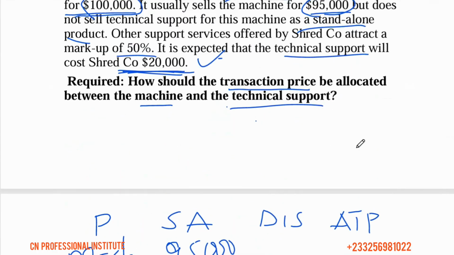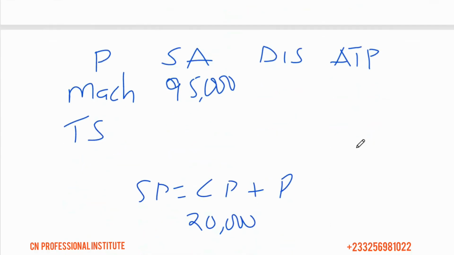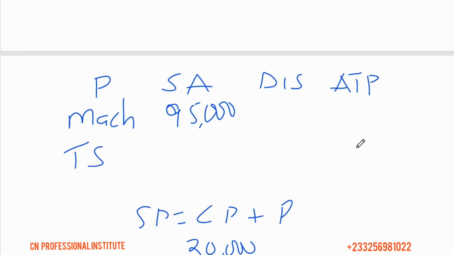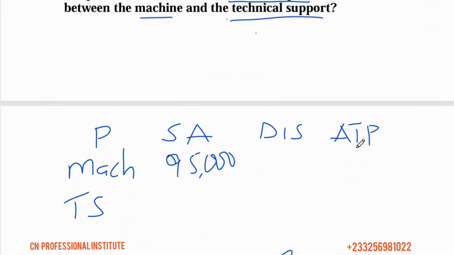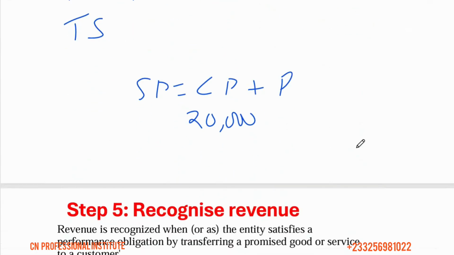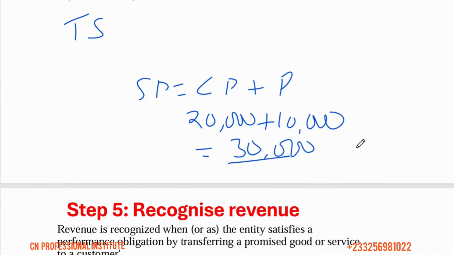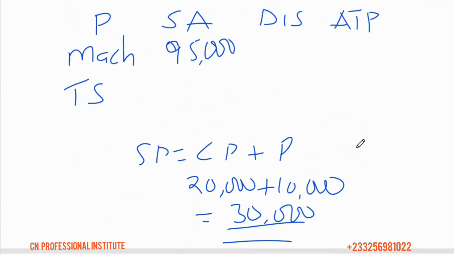So apply the 50% on the cost, 20,000. 50% of 20,000 gives us 10,000, so the profit is 10,000. When you sum the 20,000 and the 10,000, you get 30,000. So 30,000 is the selling price for the technical support.